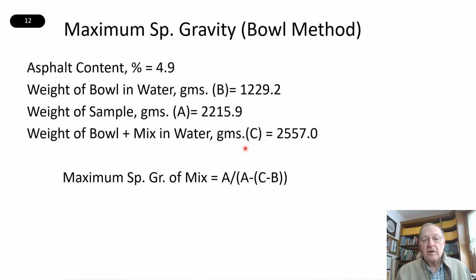And we will need to know the weight of the bowl plus the sample underwater, which is 2557. And here you can see the equation. It's the dry weight, or the weight in air, divided by the weight in air minus the weight underwater of the bowl plus sample, and then take away the weight of the bowl underwater.